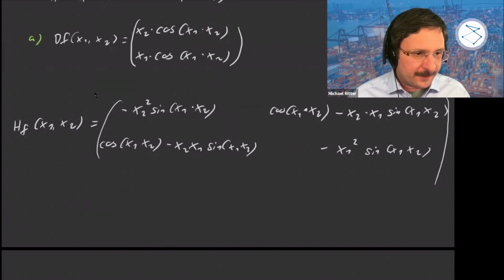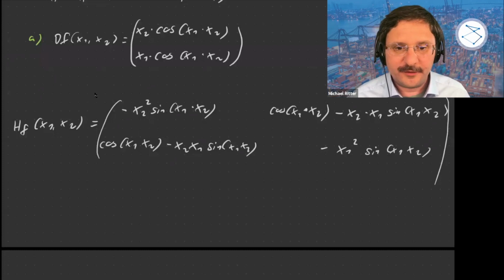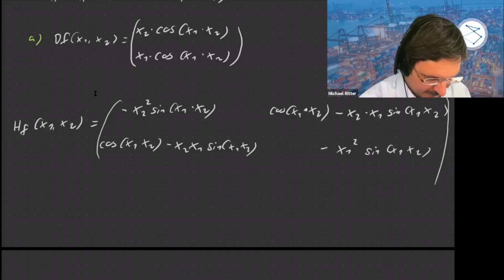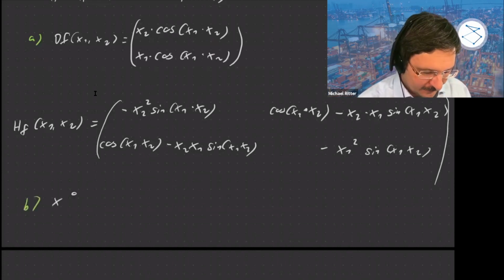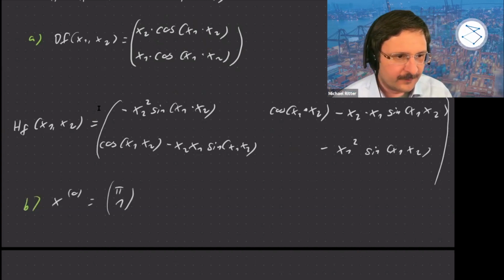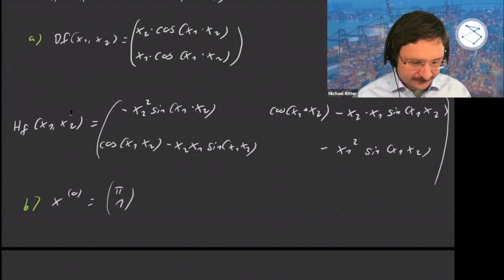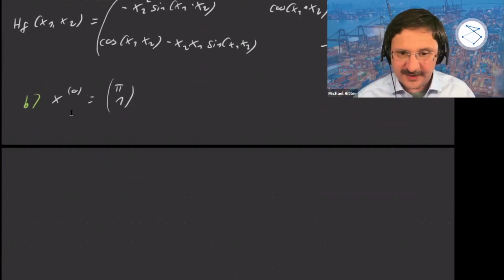Part B, write down Newton's equation for a given starting point. That starting point is x0 equals pi, 1. And well, Newton's equation, that's basically what you have to know here, is given.